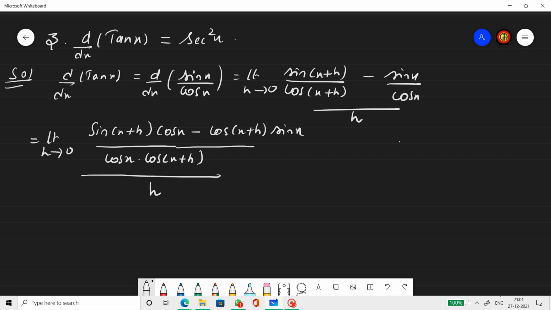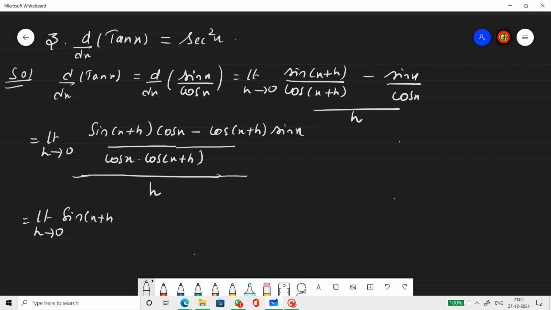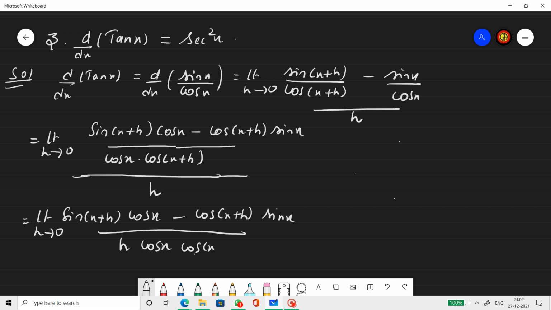So keep in mind there is a by h here. This has to be slightly smaller than the main denominator. Now next step I can write this as limit h tending to 0, I get the sine of x plus h into cos x minus cos of x plus h into sine x divided by h into cos x into cos of x plus h.